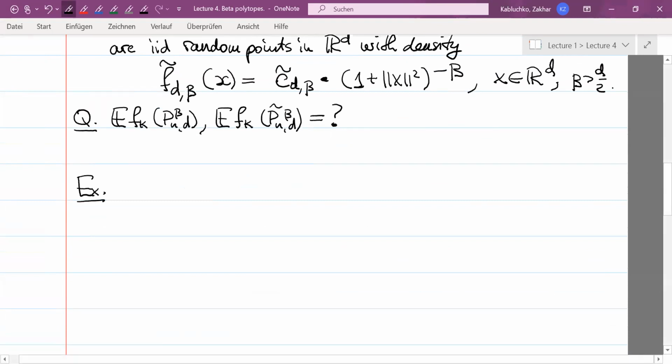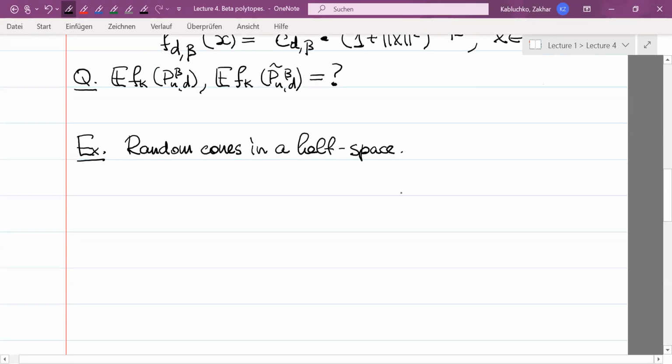One example deals with random cones in a half space, or random convex hulls on a half sphere.